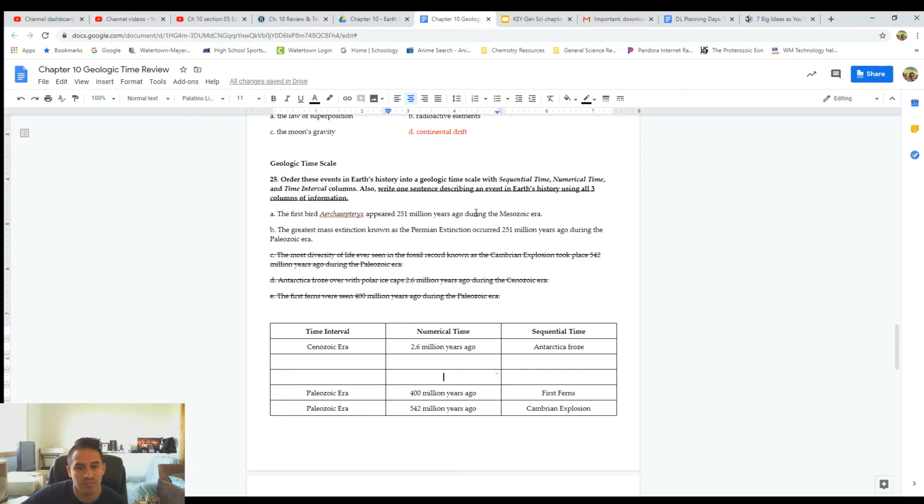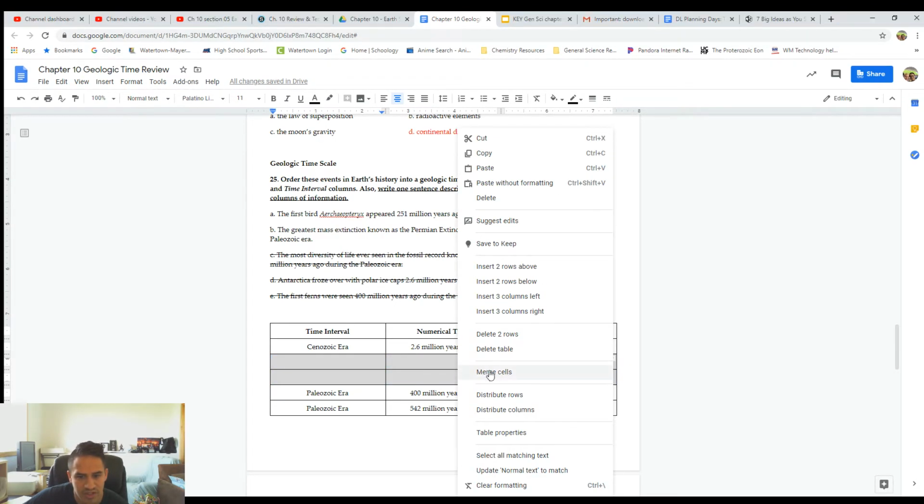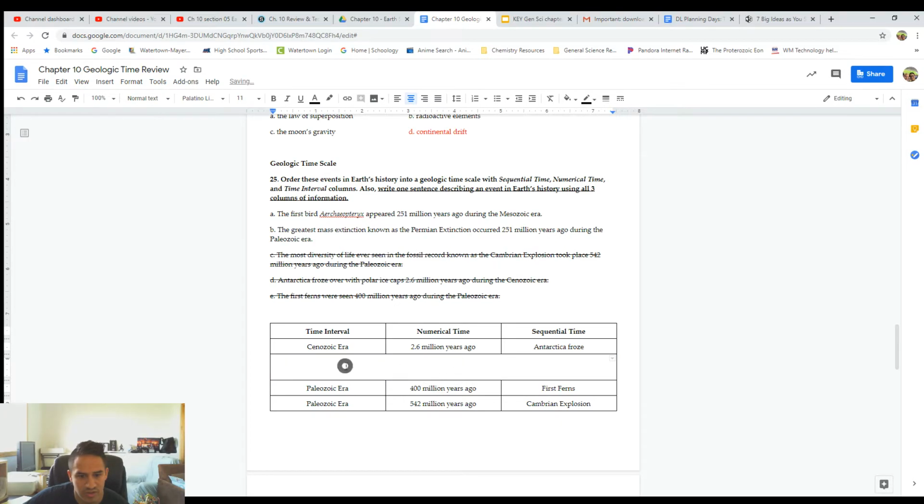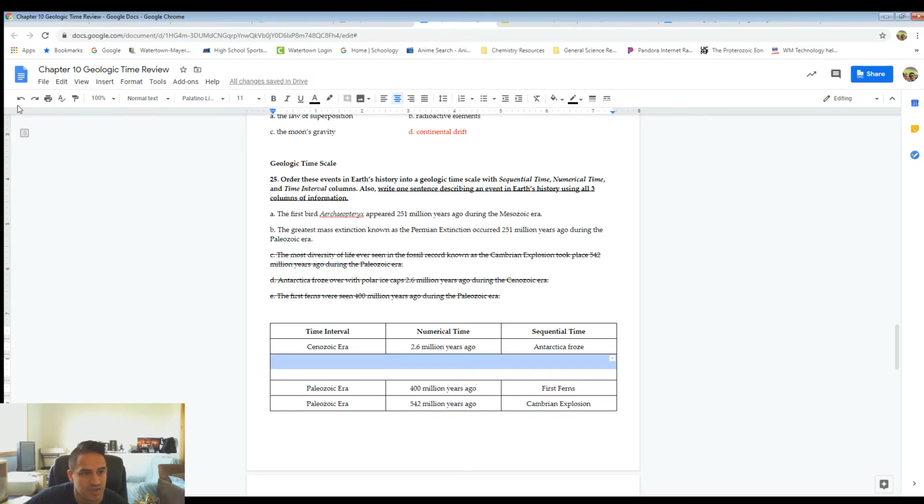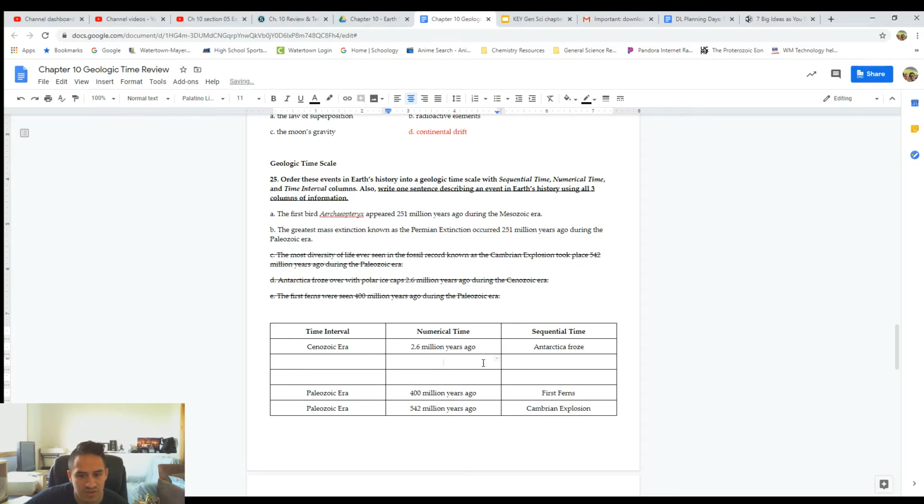And then A and B both happened at the same time, 251 million years ago. So let's maybe merge these together. We're going to highlight both, right click, hit merge cells. Okay, let's undo that because I want us to have columns. Oh, gotcha.